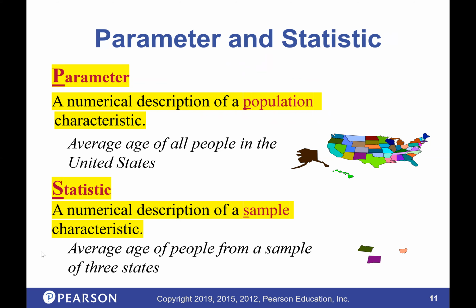The other one is called a statistic. A statistic is some kind of numerical description of a sample. So let's say we went to 3 different states, because that's where the headquarters of our statistics was, and we surveyed those and then made inferences from them.